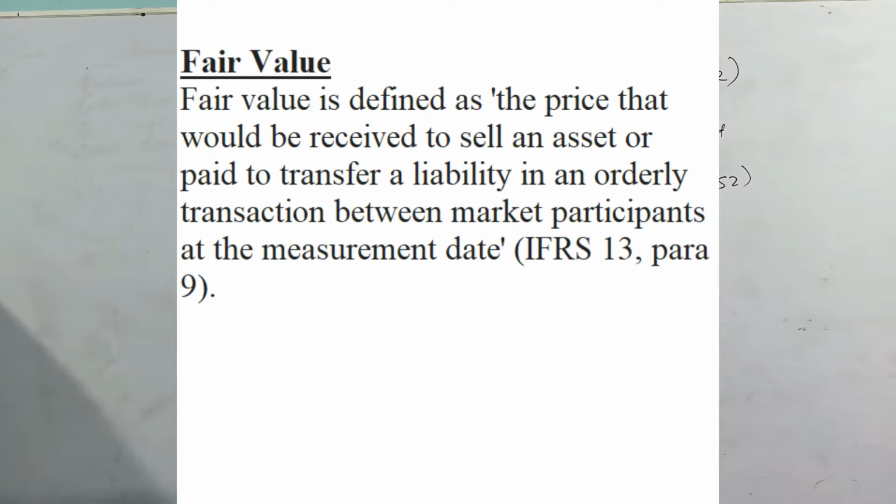Fair value is defined as the price that would be received to sell an asset or paid to transfer a liability in an orderly transaction between market participants at the measurement date. So I repeat, the price that would be received to sell an asset, that is the first part, or paid to transfer a liability in an orderly transaction between market participants at the measurement date. That is from IFRS 13 paragraph 9.